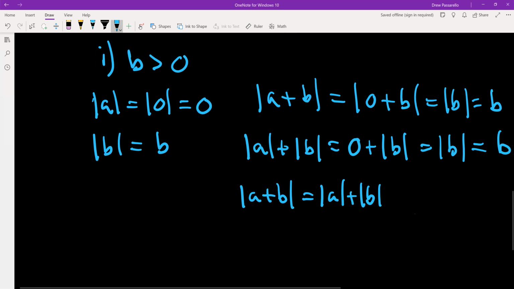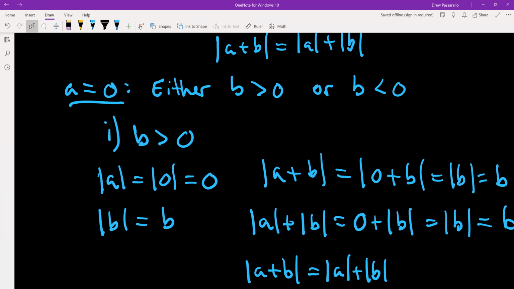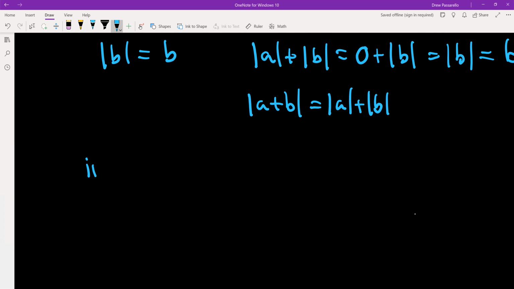All right, now the subcase for which a is 0, we took care of b being positive. Now I'll do b being negative, so b less than 0. So again, a is 0, so the absolute value of a is the absolute value of 0, which is 0.